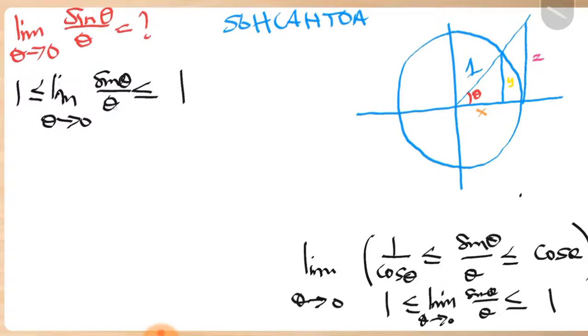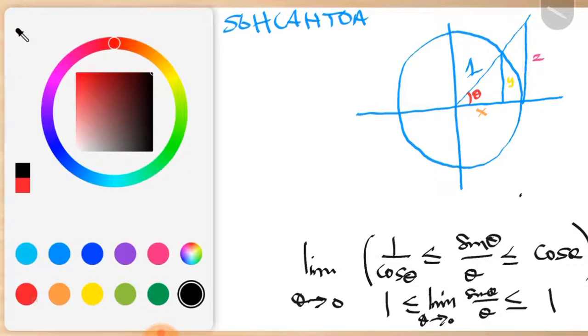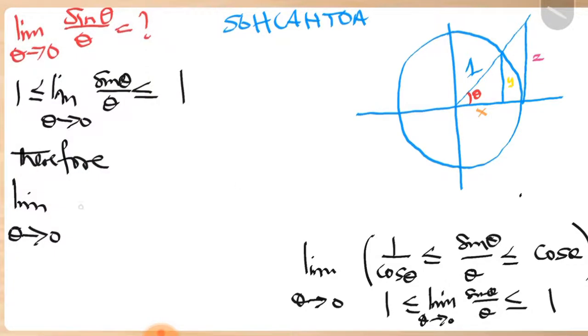So the value of this should also be 1. So therefore the limit as theta approaches 0 of sin theta over theta, this value will approach 1.